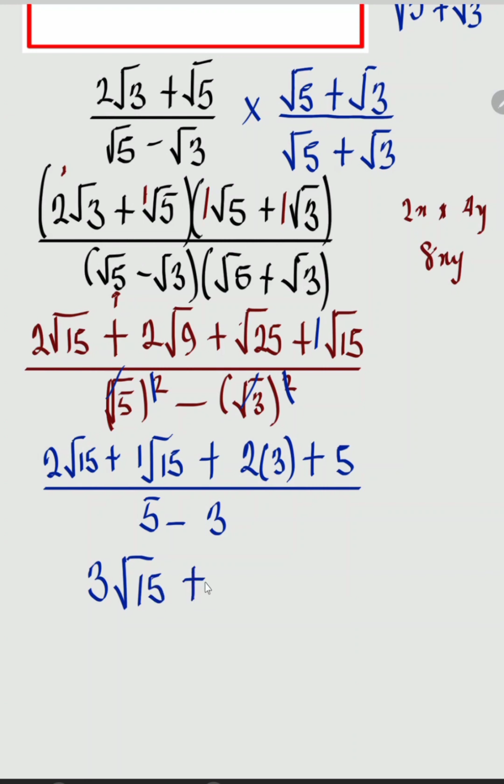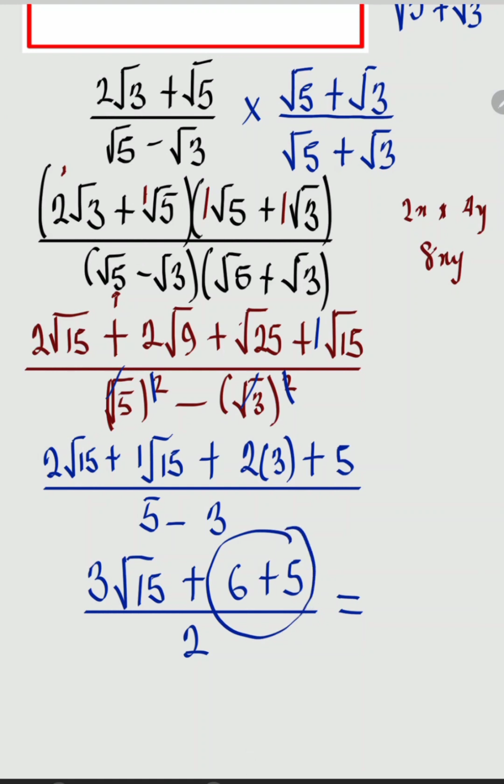Okay, plus then 2 times 3, that is 6, plus ordinary 5. Everything all over. Subtract 3 from 5, that gives us ordinary 2. So we can write the rational value first. 6 plus 5, that gives us 11, plus 3 root 15.